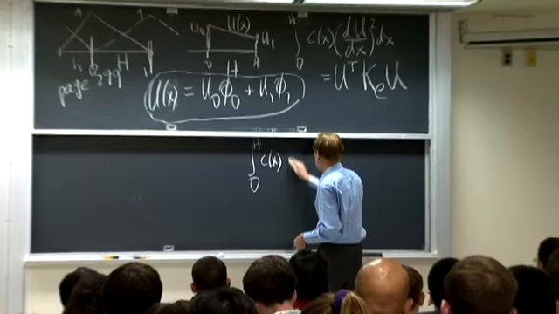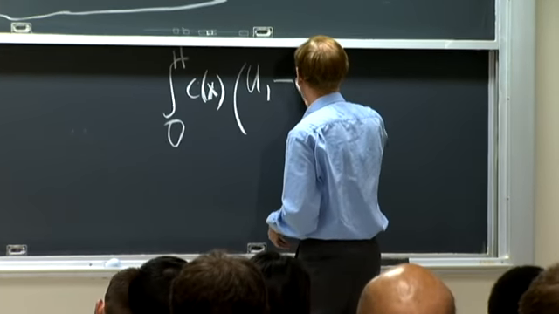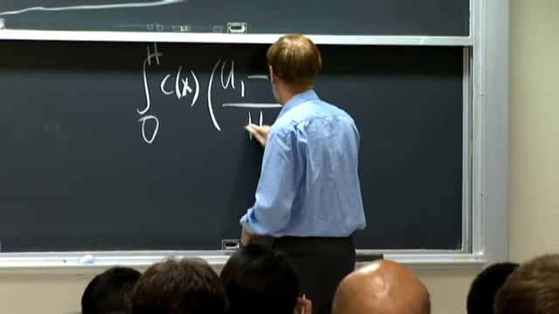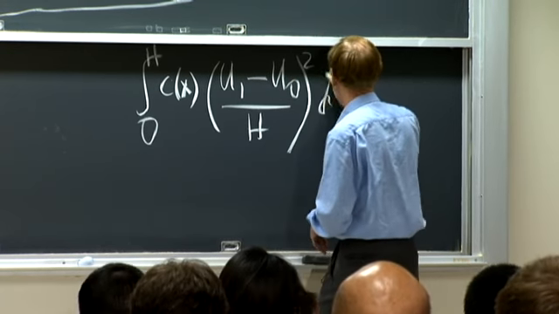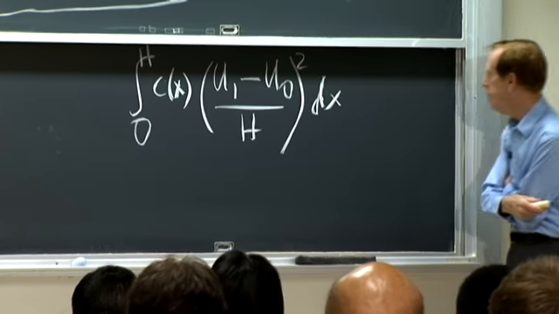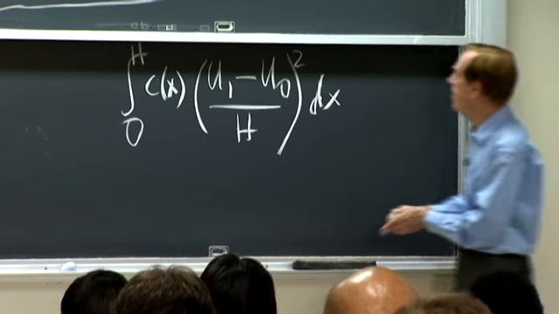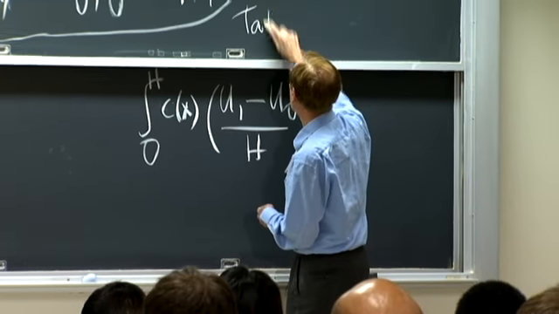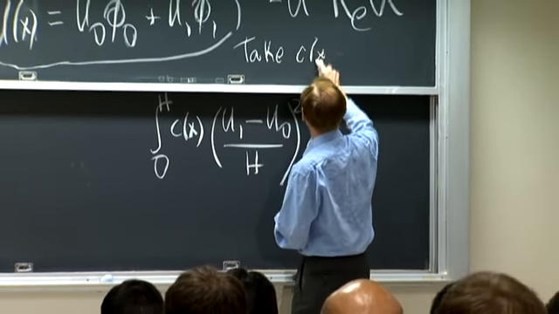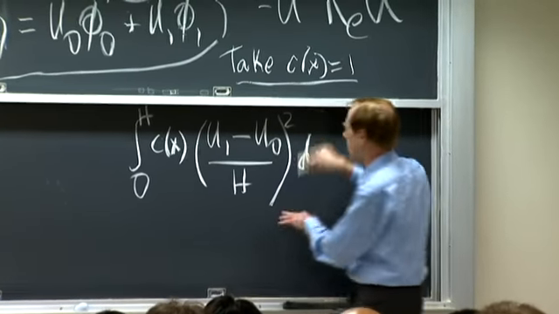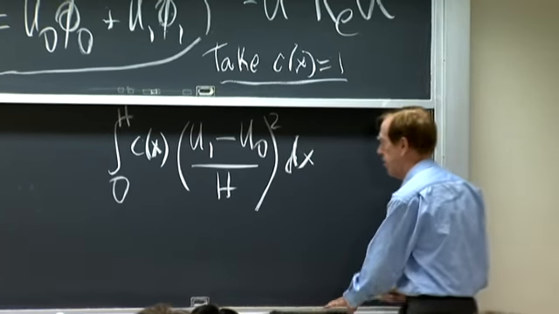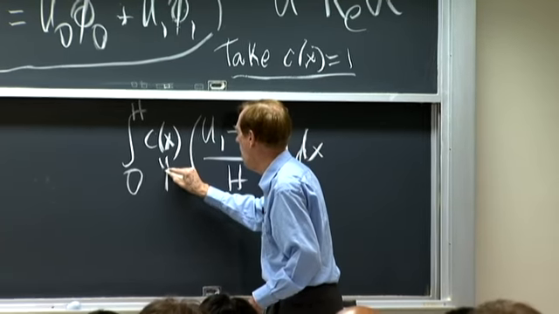The slope is u1 minus u0 over h. And I'm squaring it, dx. Okay. Let me take c of x equal 1, just to see clearly what's going on. So c of x is just going to be 1.